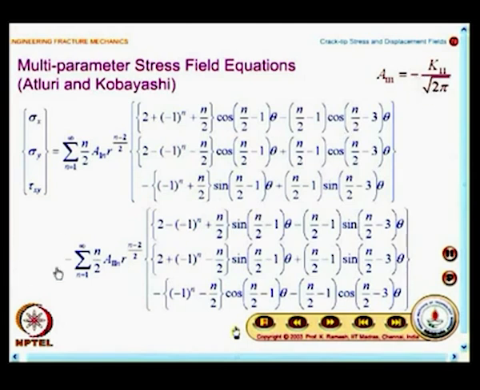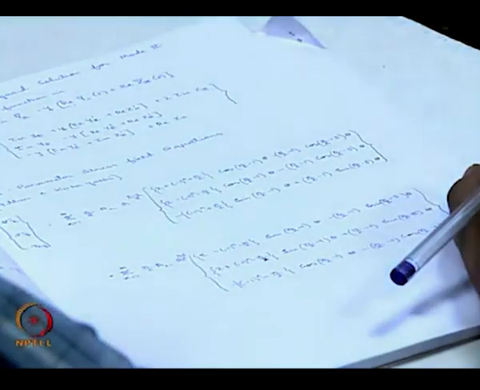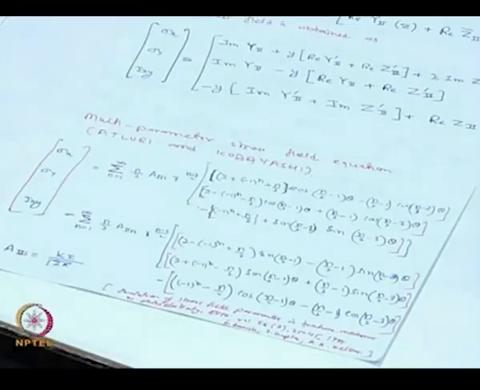This minus and minus becomes plus, that is how it is written. So, if I know the coefficients as part of the solution, I can find out what k2 and k1 are, and the second term in the sigma x series is related to sigma naught x in this fashion, 4a12 equal to minus sigma naught x, and we will see the utility of these expressions.